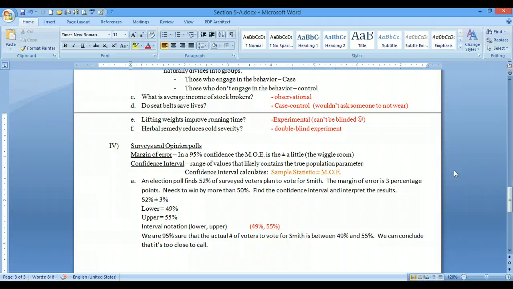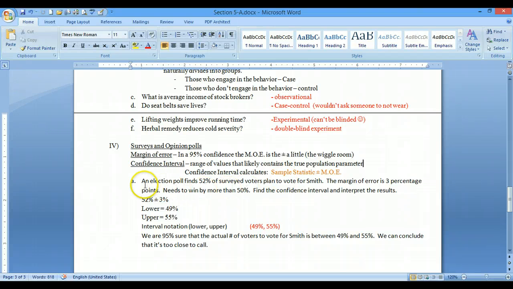A confidence interval is calculated by taking your sample statistic. So if 75% of the chips that I tested were stale, and then that's my sample statistic, I add a little bit of wiggle room, so give or take some chips that may or may not be stale also, and that's my confidence interval.